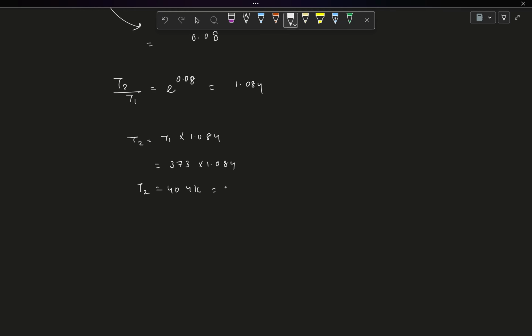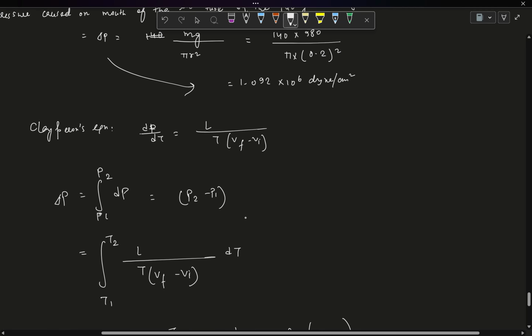T2 is that, which you can convert into degree centigrade as well by subtracting 273, which is like 131 degree centigrade. So this is the boiling point of water inside the cooker, obviously, because this is the T2 value. So when water is boiled, its temperature is already increasing.